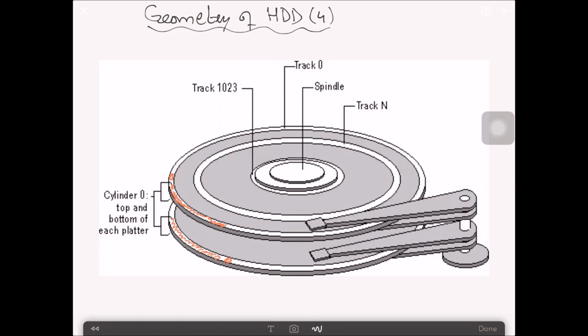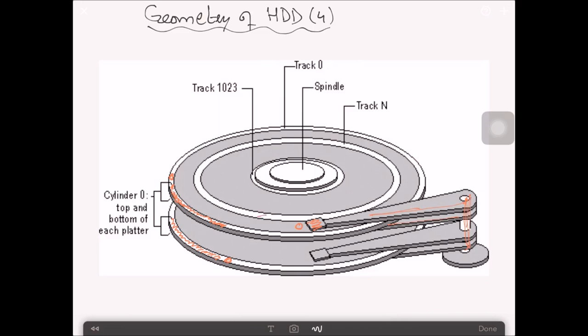So if I say that this is the head 0, if this head 0 is at track 0, the head 1, head 2 and head 3 will always be at track 0 because they are attached with the same motor and these read-write heads move together.